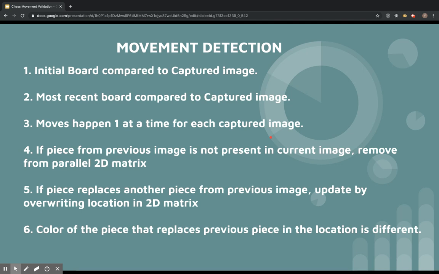So the idea behind the initial image or initial board is that it keeps getting updated every single time a change in the location of the pieces occurs. So what happens then is the captured image is compared with the initial board or like the most recent image, and the changes in the location of the pieces is noted.